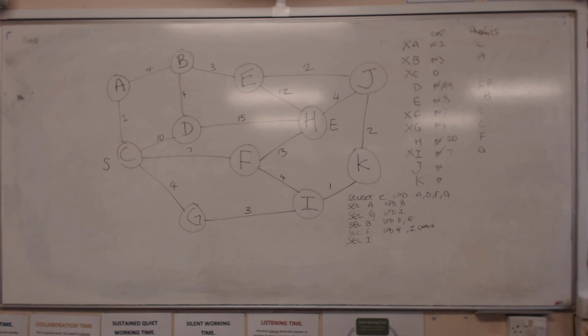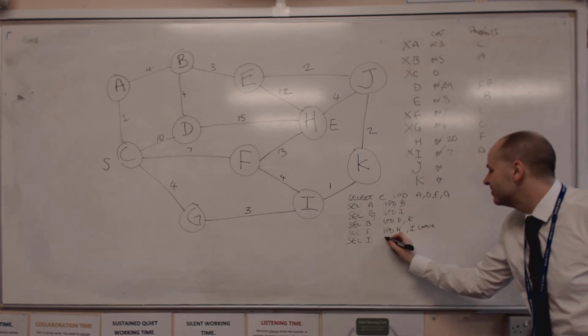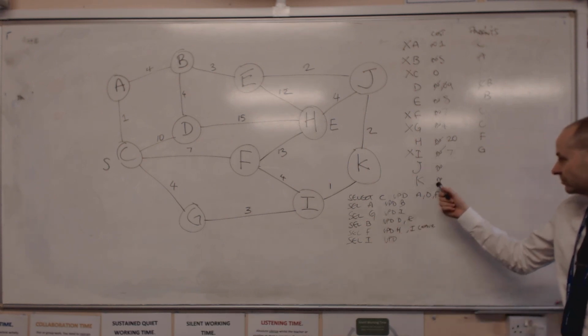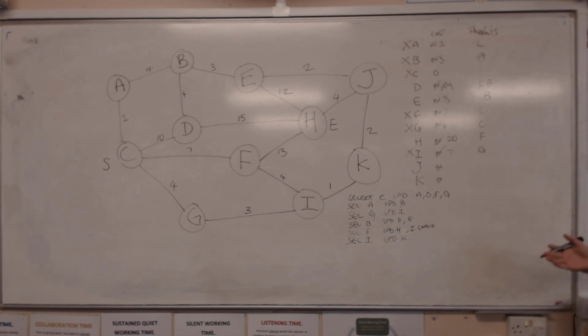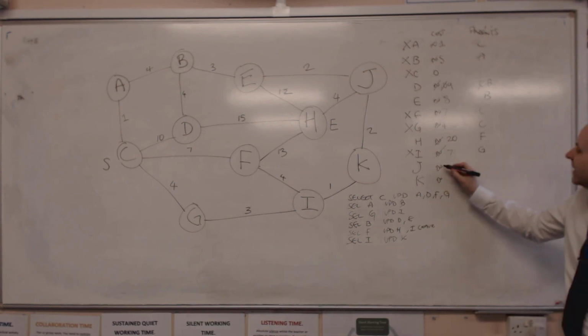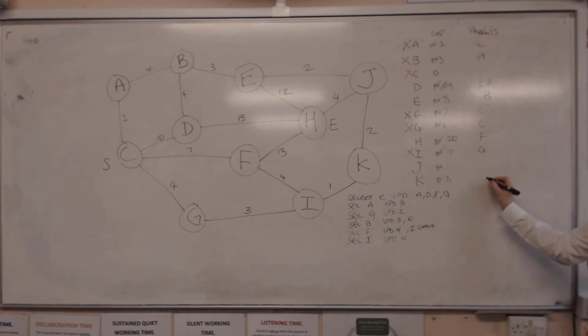So it's got another neighbour K. So we're going to update K. K hasn't been visited or looked at. It's got an infinity there. So I'm just going to tell the example I'm updating K. So the cost of K is a further 1. So it's cost me 7 so far. So that's going to be 8. And that was from I.